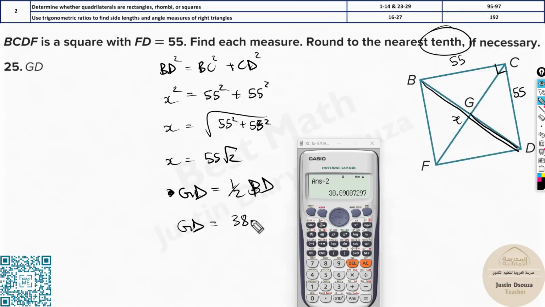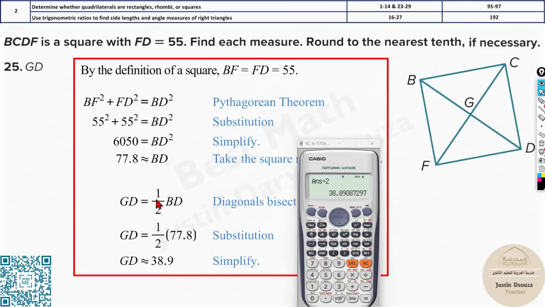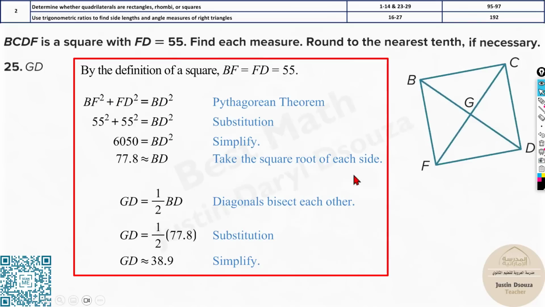It's 38 point. Now nearest tenth, 10 means there is 1 zero in 10, right? So after the decimal point, you must see one digit only. 8, 9 will become 9. This is the answer. It's 38.9. That's the correct answer here. I hope this is clear. 38.9 is correct. So that's how we do it. First we find BD and then we solve it up.